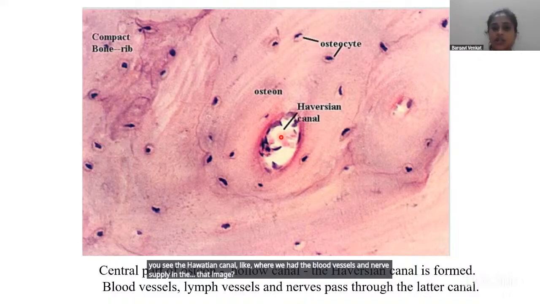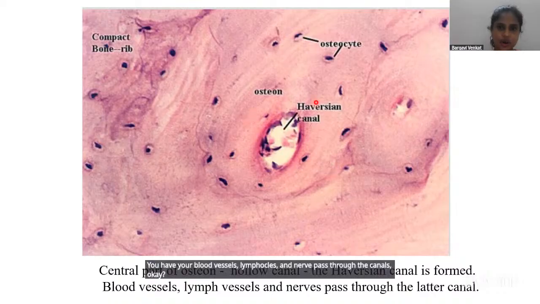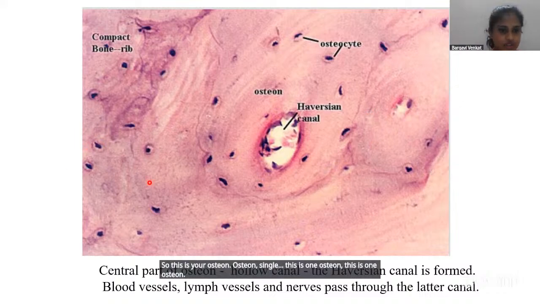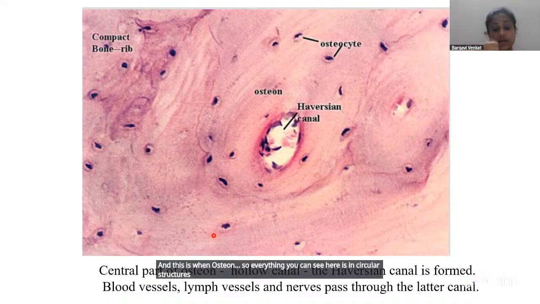This is your histological image. The hollow canal is your Haversian canal. Your blood vessels, lymph vessels, and nerves pass through the canals. This is one osteon, and this is another osteon. Everything you can see here is in circular structures, like bundles.